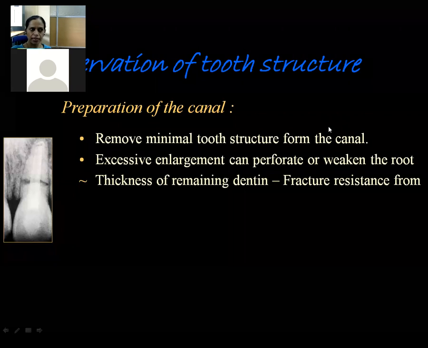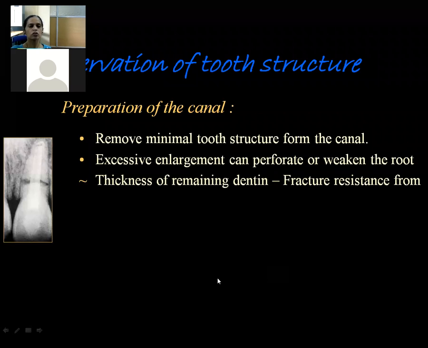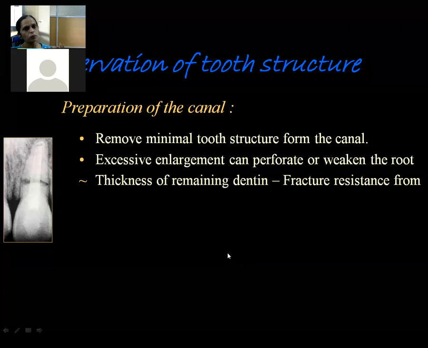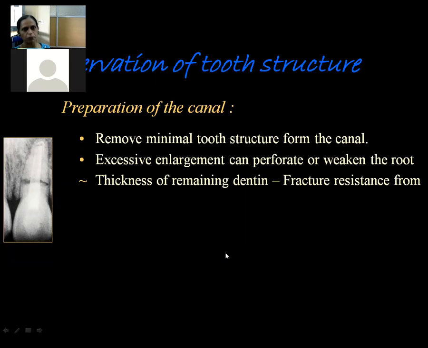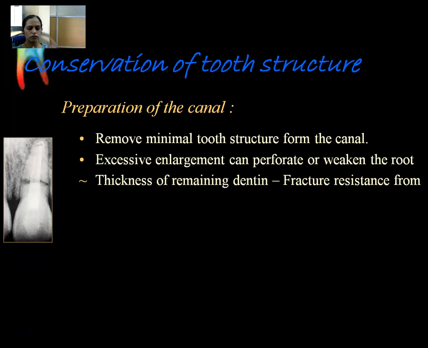If you prepare extra, this will lead to perforation. So what should be the thickness of the surrounding dentin? It should be 2 millimeter. Suppose once you remove the GP, there will be the cavity. So you have to see that surrounding dentin of minimum 2 millimeters should be present.